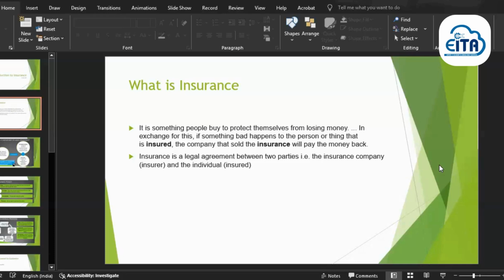Insured is an individual who purchased the insurance, and insurance company is known as insurer, which is used to provide the insurance to the insured. Of course, there will be an agent in between the insured and the insurer, which is used to bring the business to the insurance company. So basically, these agents bring business to the insurance companies.